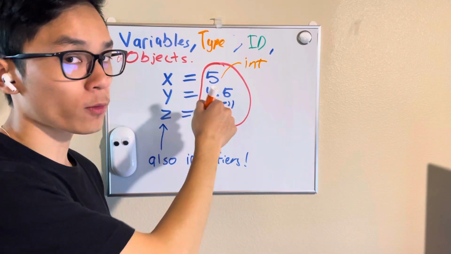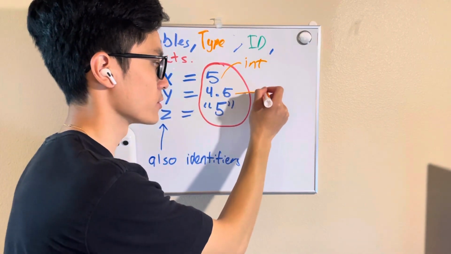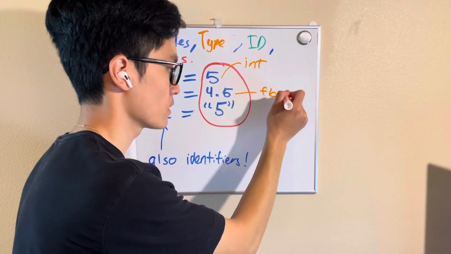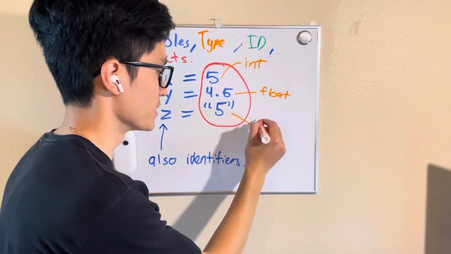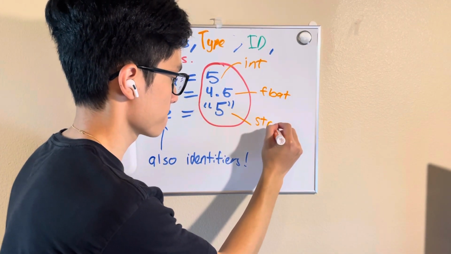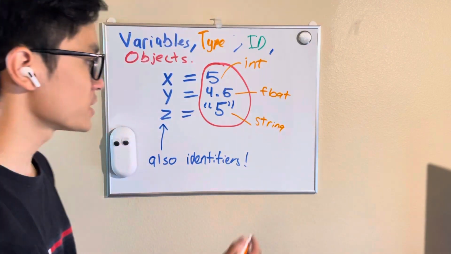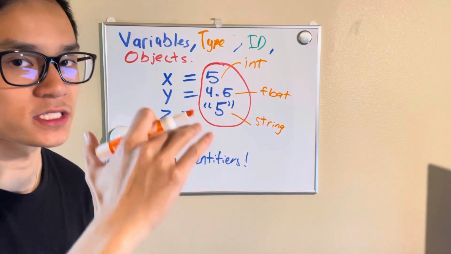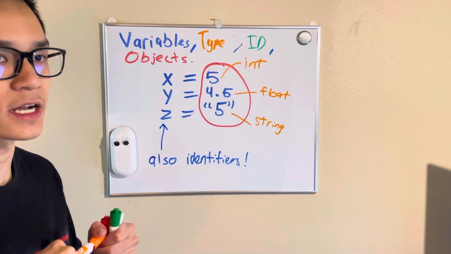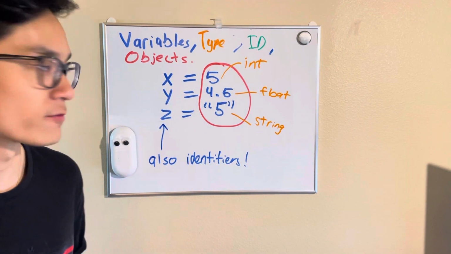The type of 4.5 over here is going to be a float. And the type of the string 5 is going to be a string. So objects have types, and these are the types. It basically separates them into mini categories that help you do things differently.